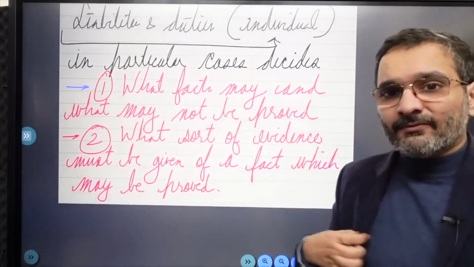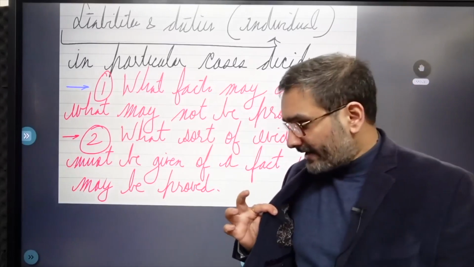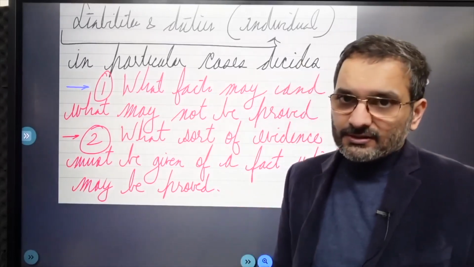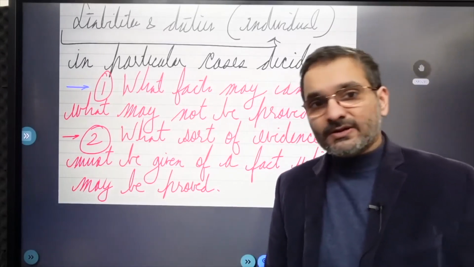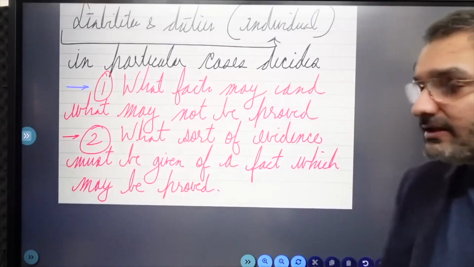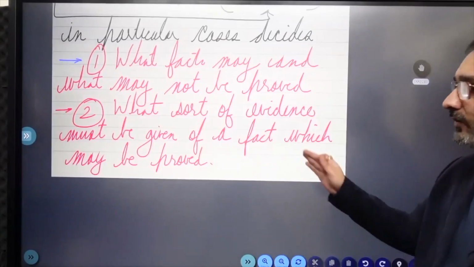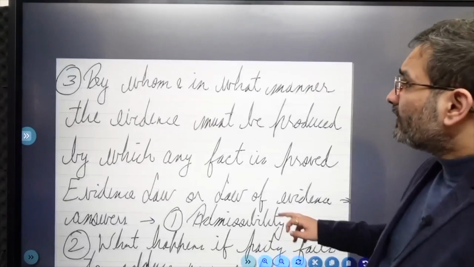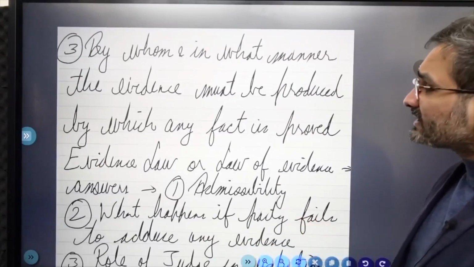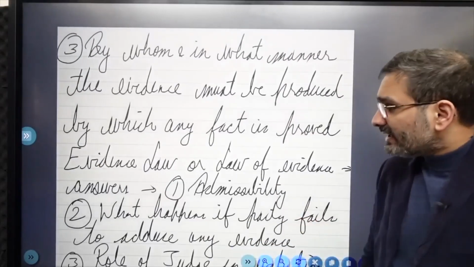Like for example, I am wearing a blue colored jacket. It's a fact. You are watching this lecture. This is a fact. Now then we have to subdivide facts into physical facts, psychological facts. बहुत सारे फंडे हैं, अभी धीरे धीरे करके we'll open everything. What sort of evidence must be given of a fact which may be proved? Okay. By whom and in what manner the evidence must be produced by which any fact is proved.